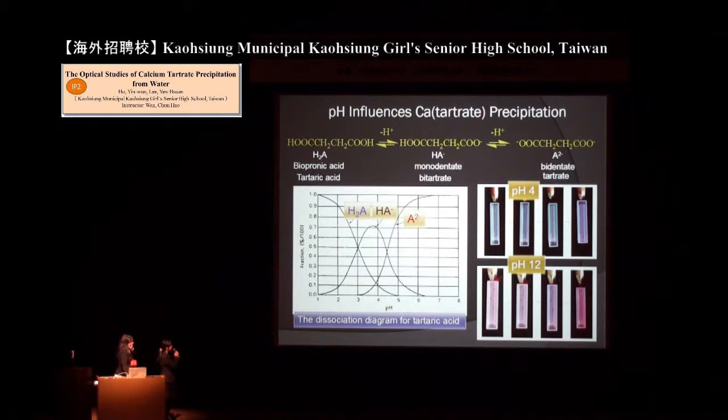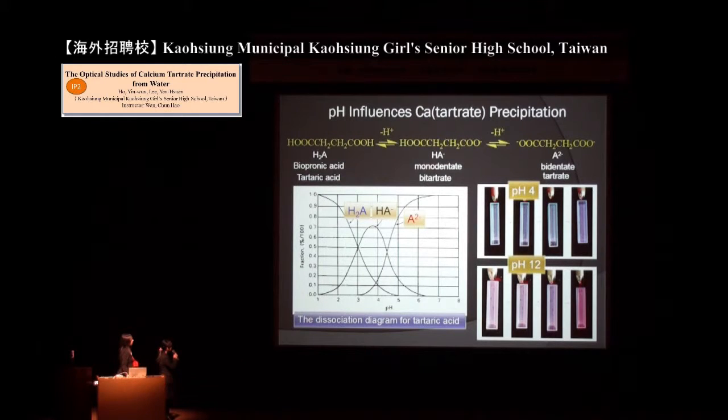Next, we are discussing the calcium tartrates at different pH values. We know that tartaric acid is a diprotic acid. It has different forms at different pH values. When the pH is 2, the main composition in the solution is tartaric acid.